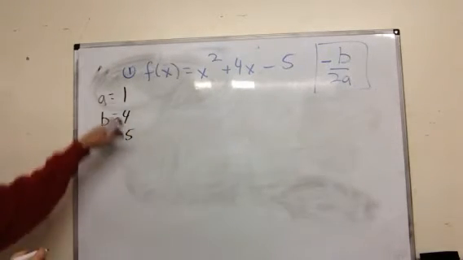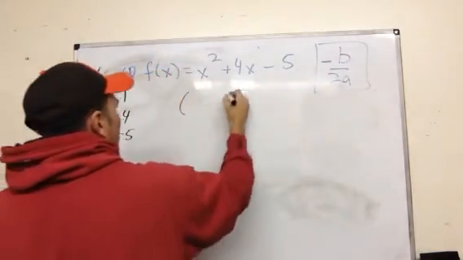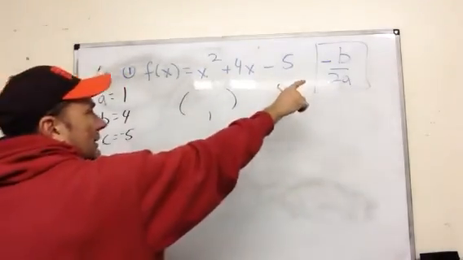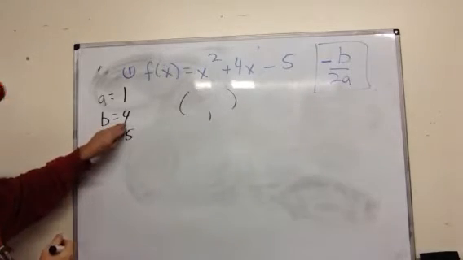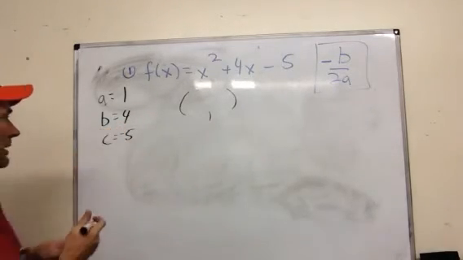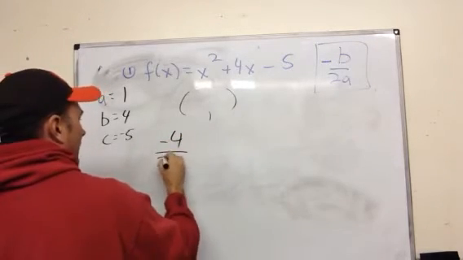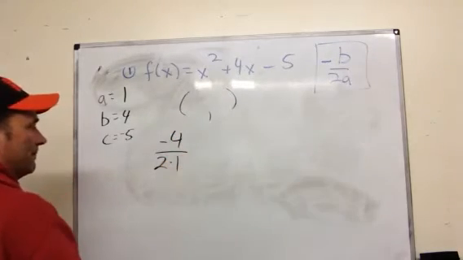So we have to plug these numbers in to this equation to get the first part of our vertex. This part right here. So this negative b means the opposite b value. So the opposite of 4 is negative 4. And then we go 2 times our a value, which is 1.